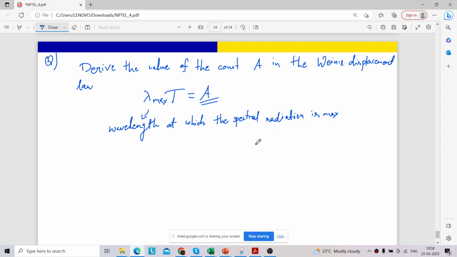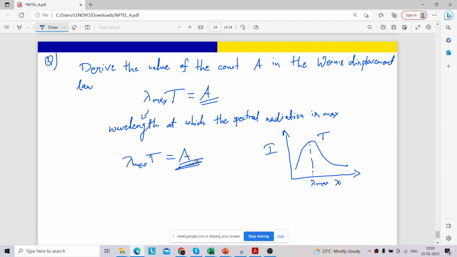So we have Wien's displacement law. That means we have some distribution in intensity in a lambda plane, and we have lambda max here. So this is at a particular temperature T. According to Wien's displacement law, lambda max times temperature will always be some constant. So I have to find this A value.